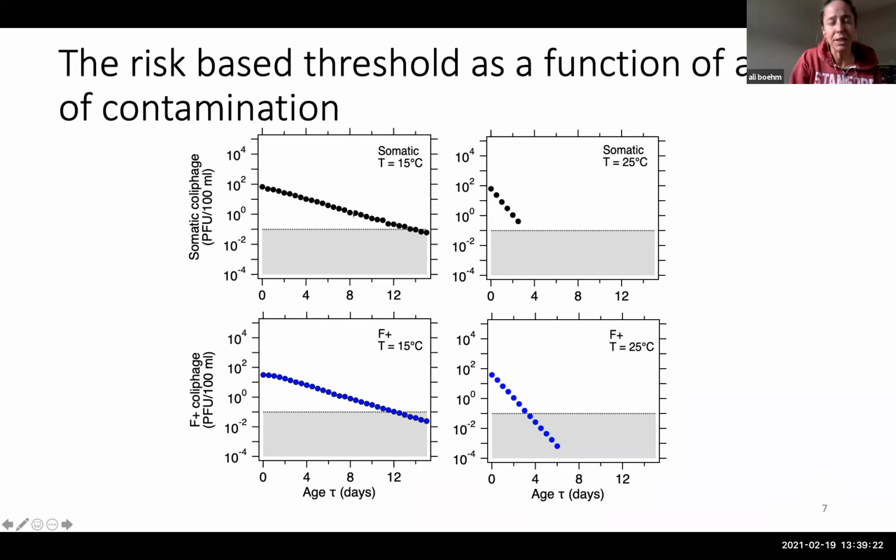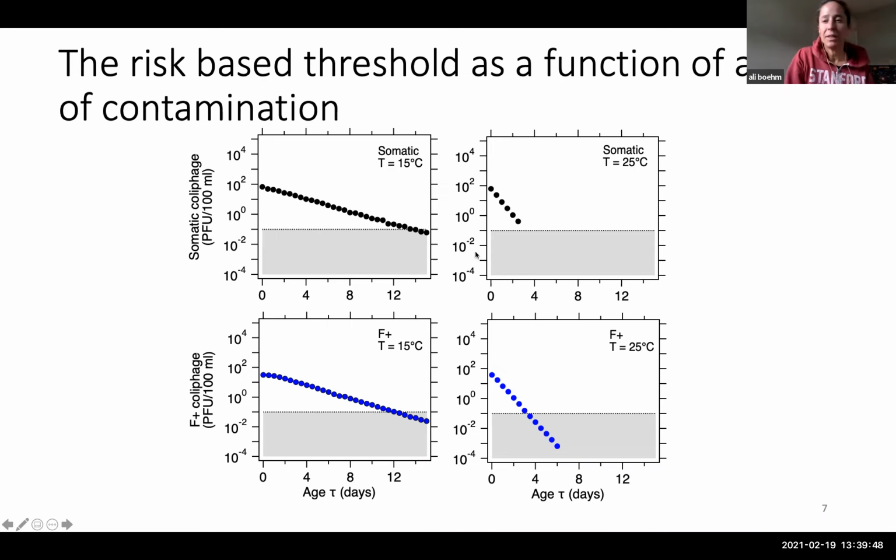And as the sewage ages, the risk-based threshold goes down because the pathogens are decaying, and so is the coliphage. You can see that the decay with age is greater for higher temperatures because the indicator is decaying more quickly at high temperatures. And this grayed out area are concentrations of coliphage that are difficult to measure in the environment.